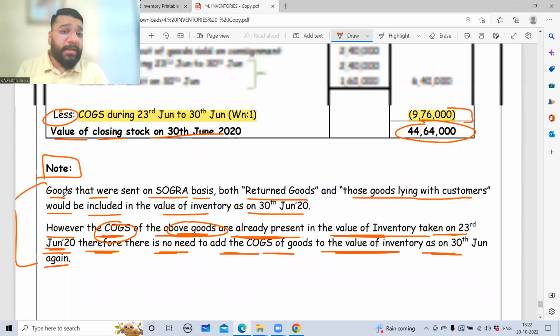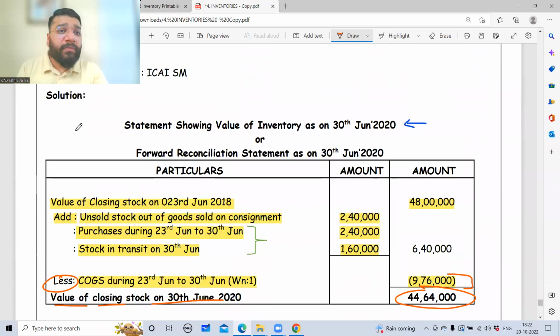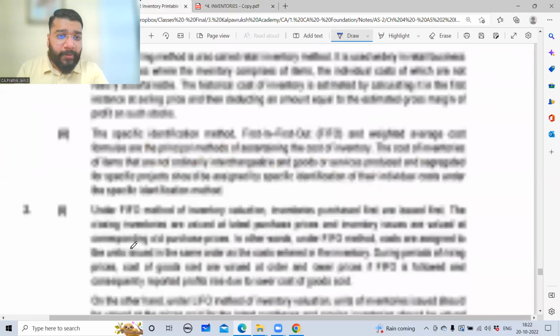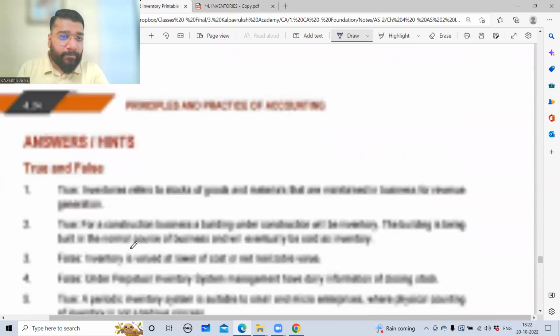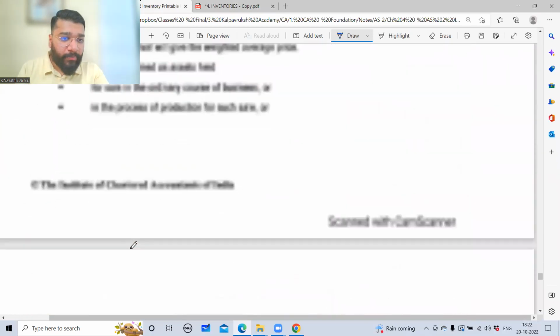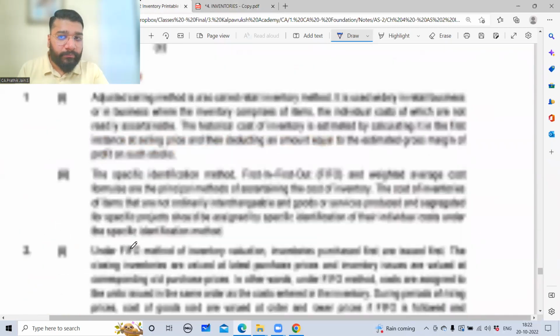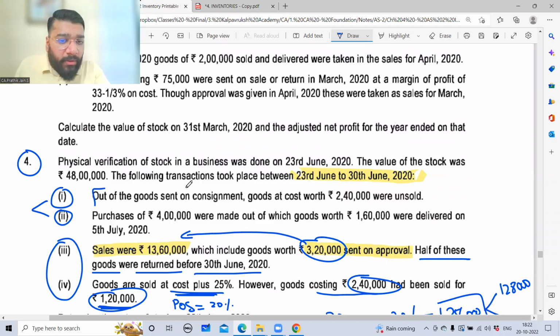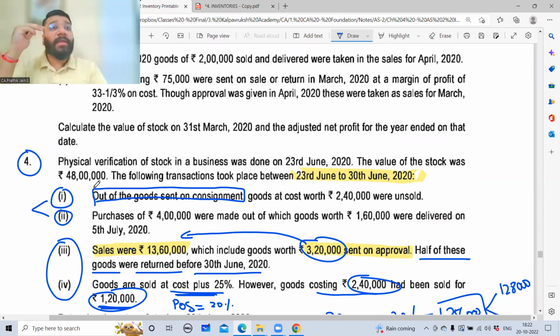Also, you can state the assumptions for the first 2 points. That is, here the goods were sent on consignment. You can assume that these goods were sent before the 23rd June physical verification of inventory.